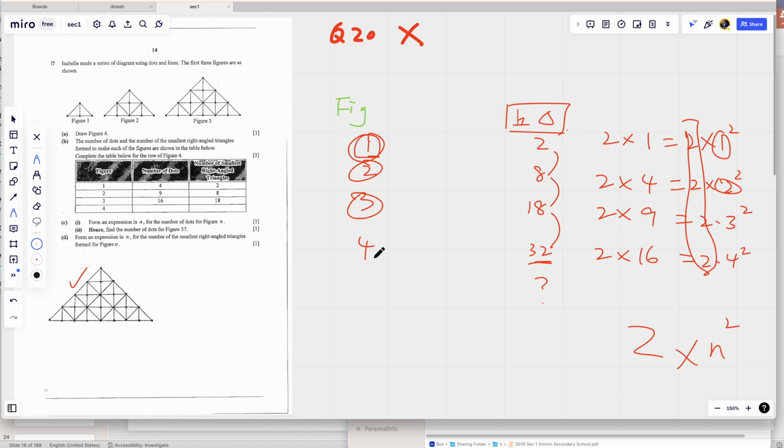Is this what they want? ABE, right? Okay, good. How do you get 40?